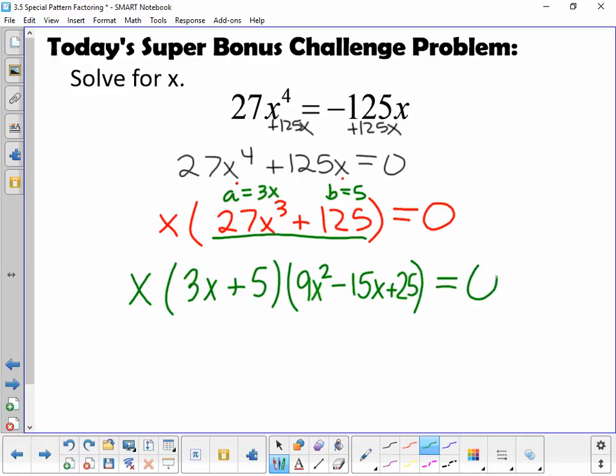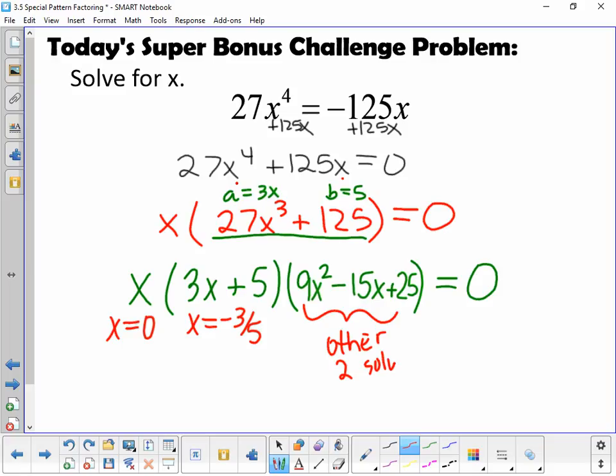And that's equal to 0. So 2 of the solutions are right here, x equals 0 and x equals negative 3/5. The other 2 solutions are here. I'm not going to go through the quadratic formula for this video, but if you were solving this problem, you would continue that. And so that is it.